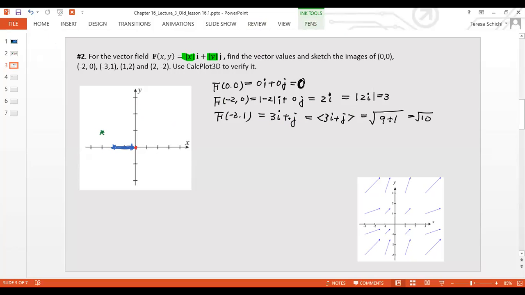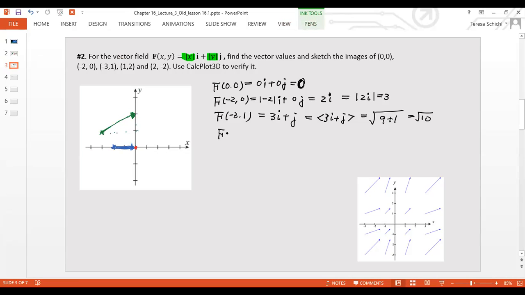That means 3 in the i direction and 1 in the j direction: 1, 2, 3, then 1 up. This is my vector. The length is the square root of 10. You can use that to verify, so you don't always have to calculate it.